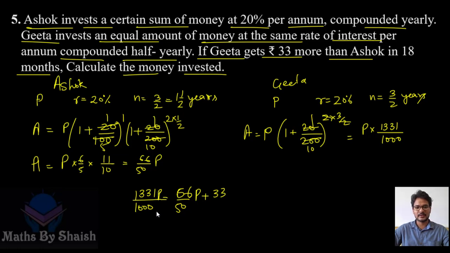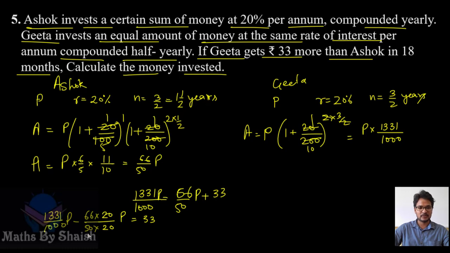Now if we simplify, we'll get the P value, and in order to simplify we can make the denominator the same for P. We can take 1331 over 1000 P minus 66, so 66 into 20, if we multiply 50 into 20 we will get 1000, so it is 50 into 20, P equals 33.